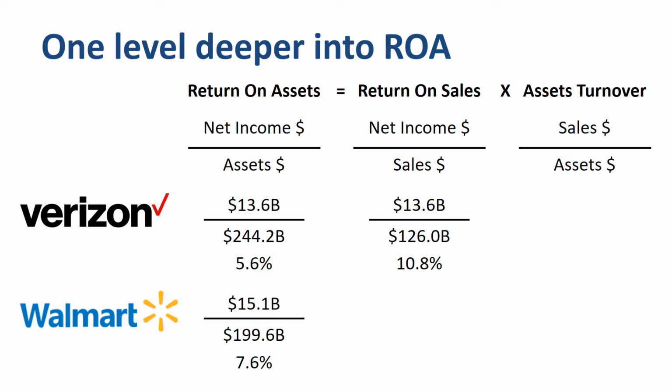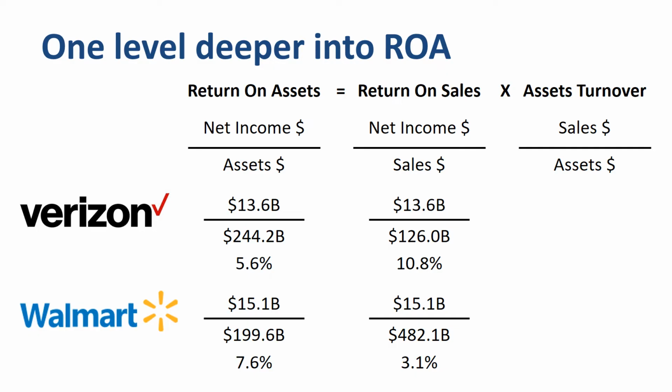Walmart's revenue in 2016 was $482.1 billion. ROS for Walmart is 15.1 divided by 482.1 in sales is 3.1%. Walmart's return on sales number or margin is much lower than Verizon's.